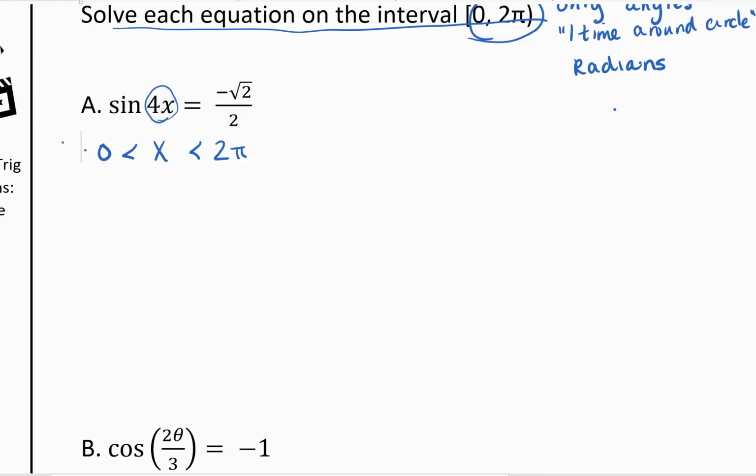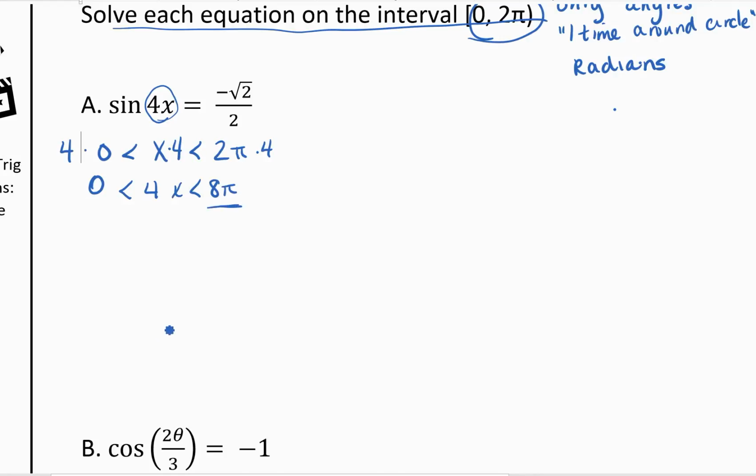So we're going to multiply everything through by 4 here. And 4 times 0 is 0. 4x is less than 8 pi. Okay, so when we first solve this, 8 pi would be 4 times around the circle.